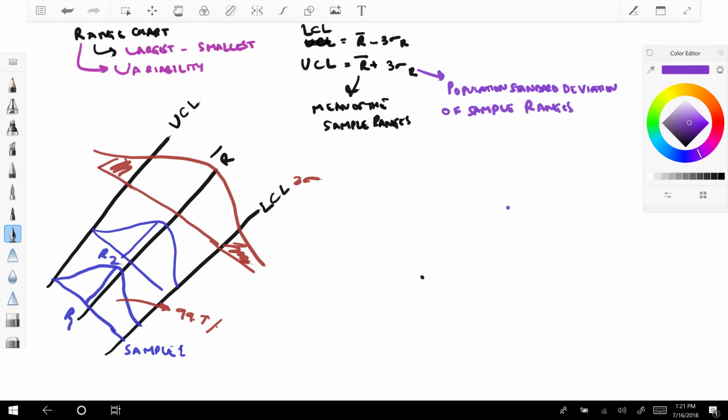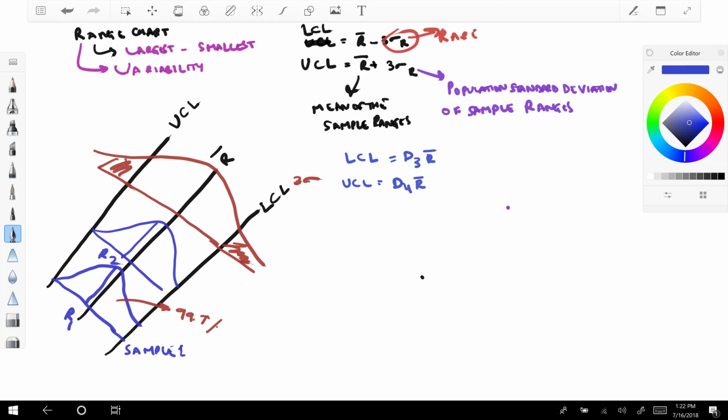Again, here also this is very rare. The population standard deviation of the sample ranges is very rare to obtain in the real world. So we change our formula: the lower control limit is given by D3 R bar, and the upper control limit is given by D4 R bar.